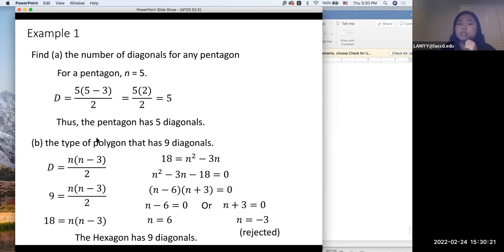They just want to find out what type of polygon. So that would be the hexagon.